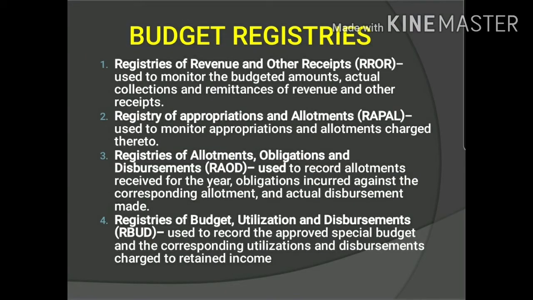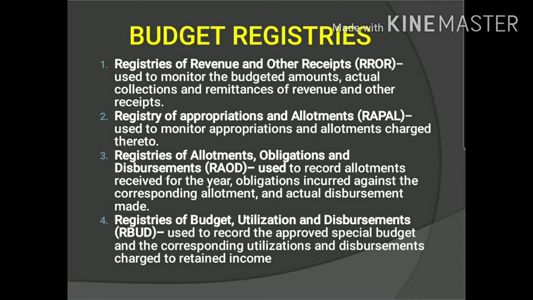Budget registries. As we said a while ago, we have 4 registries that are being used by our government. The first is registries of revenue and other receipts, that is used to monitor the budgeted amounts, actual collections and remittances of revenue and other receipts. Second, the registry of appropriations and allotments, RAPAL.